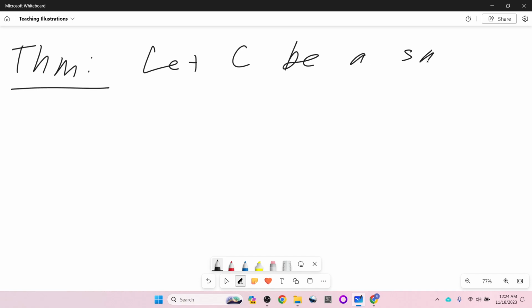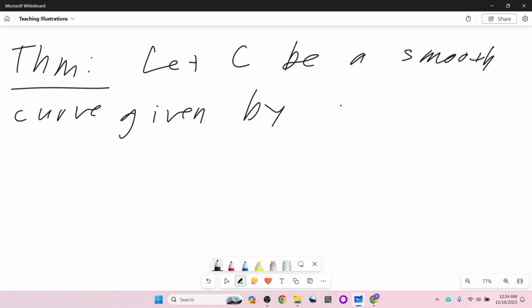So here is the definition then. Here's the theorem. Let C be a smooth curve given by r of t, where t ranges between a and b.